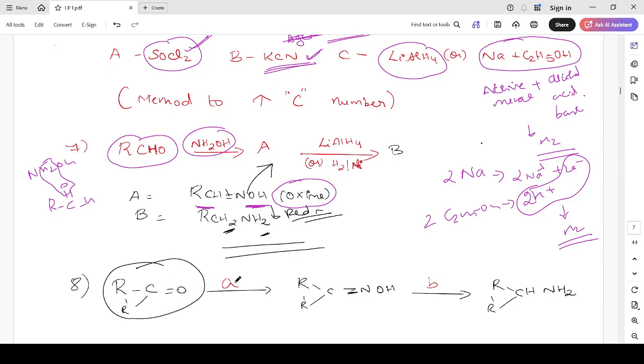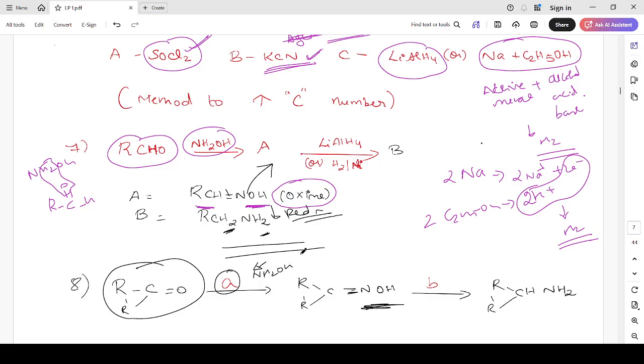I'm having RC double bond O. I'm treating with some reagent to form this. What should be the reagent, Hasini? NH2OH. Correct. I'm using NH2OH.